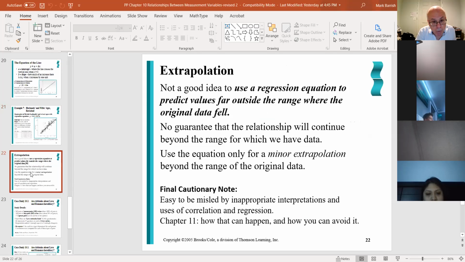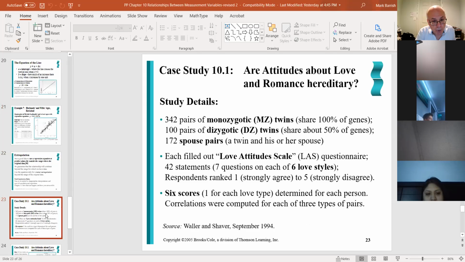So this word extrapolation means we don't use values of x outside the range where the data falls. We can only make a prediction for x's that fall within the range of the x's in the data set.